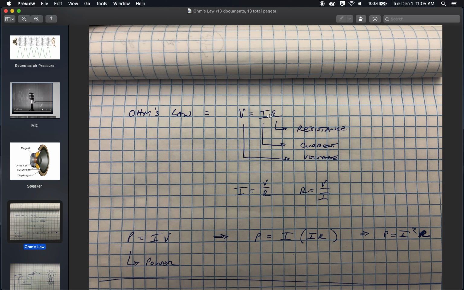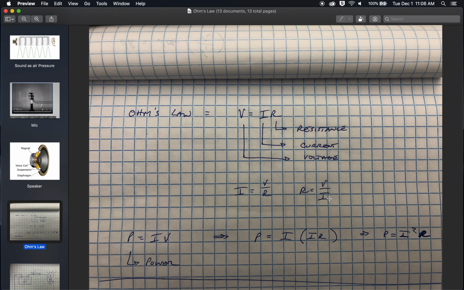This is just the relationship between current, voltage, and resistance. And you can use some algebra to rearrange these terms. So you can see that the current is equal to voltage divided by resistance. Resistance is equal to voltage divided by current.